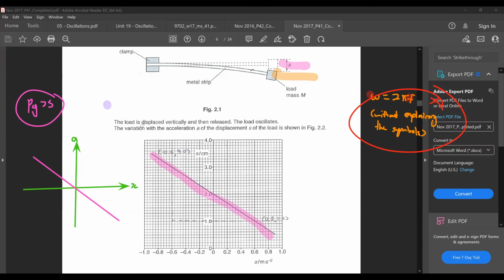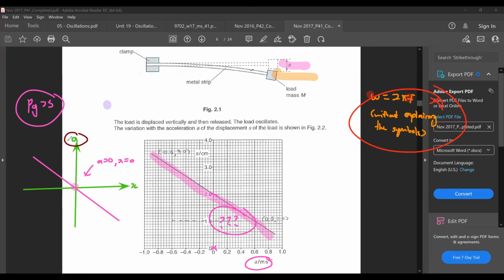So you see in the left diagram, your acceleration is 0 when x is 0. But here, when your acceleration is 0, you somehow have some displacement value. So what is actually happening here? Also notice that your graph axes are inverted.